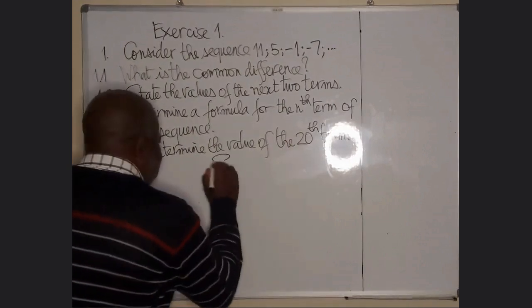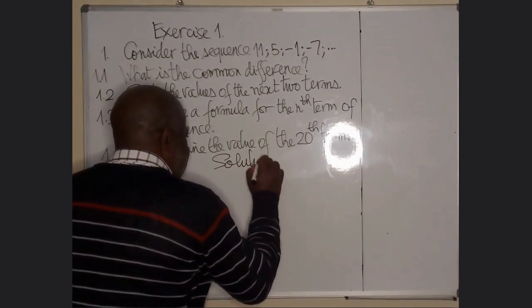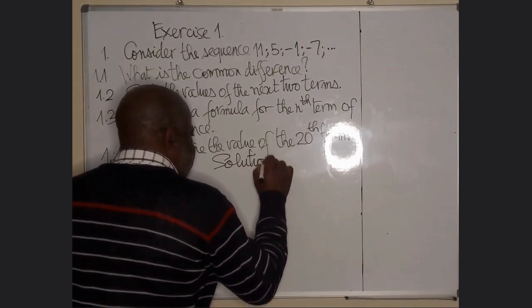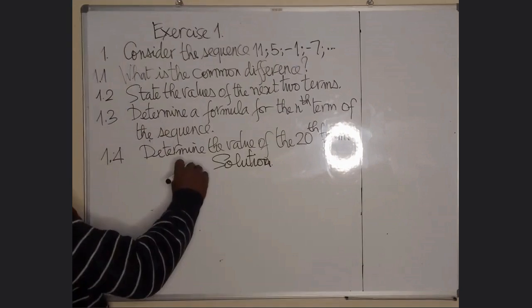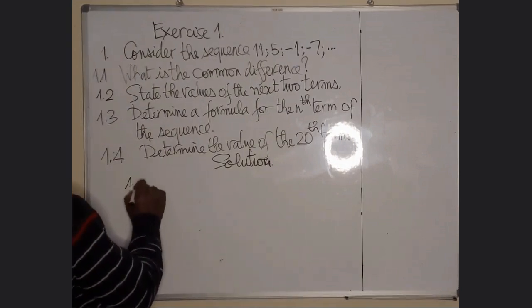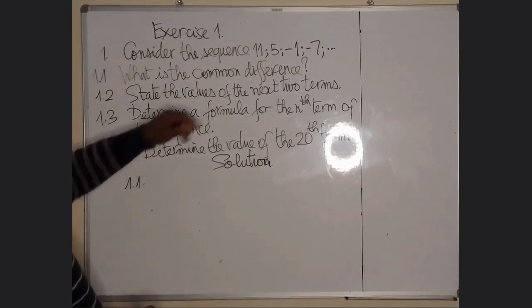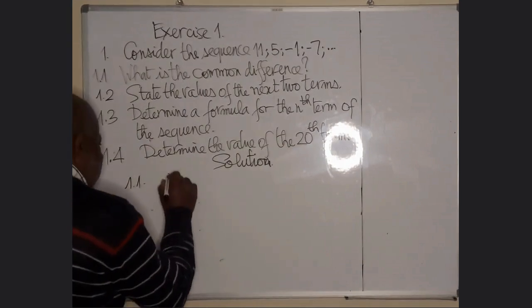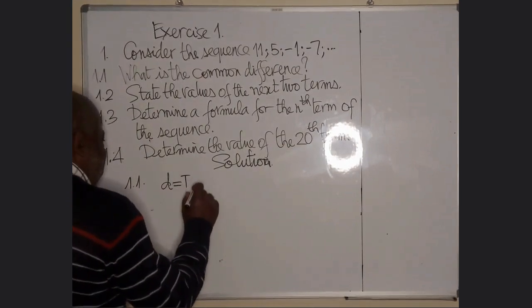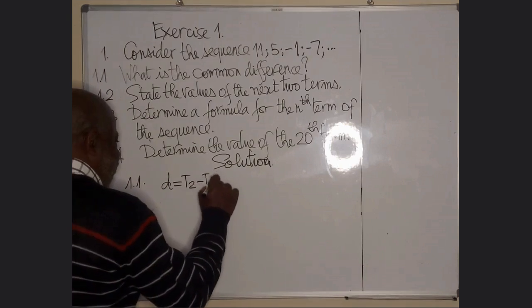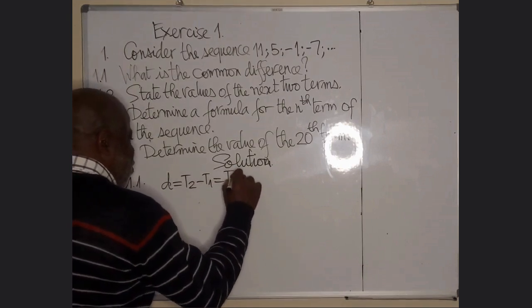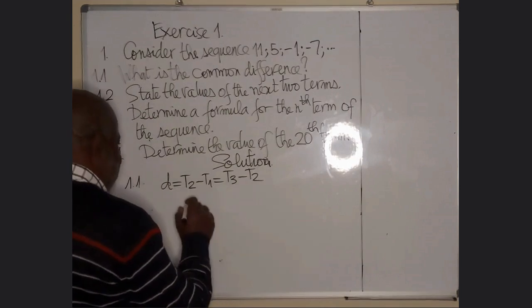So we're going to go to the solutions. 1.1, what is the common difference? So the common difference will be given like this. D is equal to T2 minus T1, which is equal to T3 minus T2.